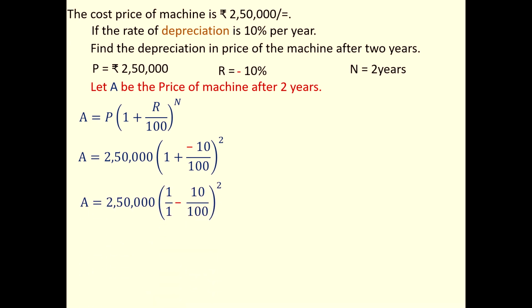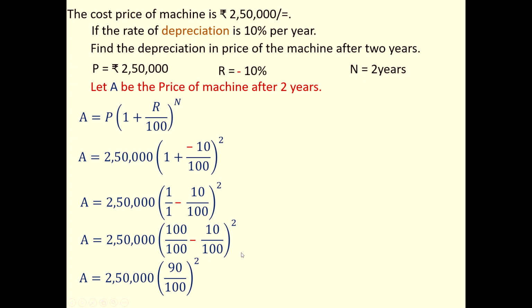The plus becomes minus, so it will become 1 minus 10 upon 100 raised to 2. Equalizing the denominator, the simplification will be as it is. So 2,50,000 multiplied by 90 upon 100 raised to 2.